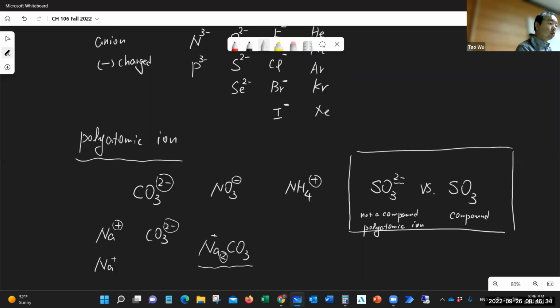We're not writing the two negative charge over here. That's because the positive charge and the negative charge are neutral together, so the overall compound does not have a charge. But when those two are separated, they are going to have charges.